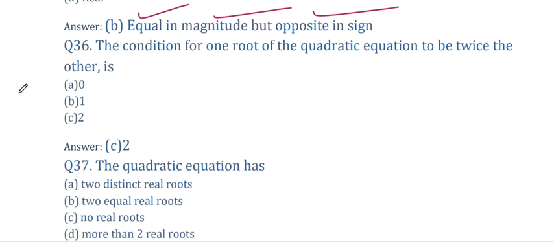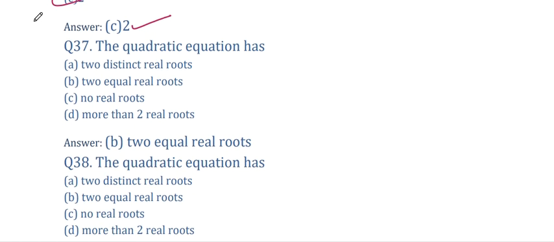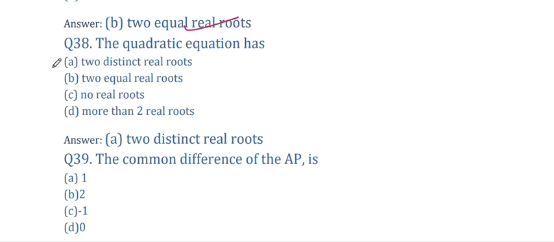The condition for one root of a quadratic equation to be twice the other is what? That is C. The quadratic equation has two equal roots, and the quadratic equation has two distinct real roots.